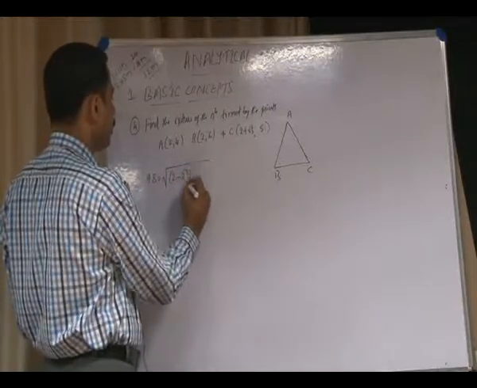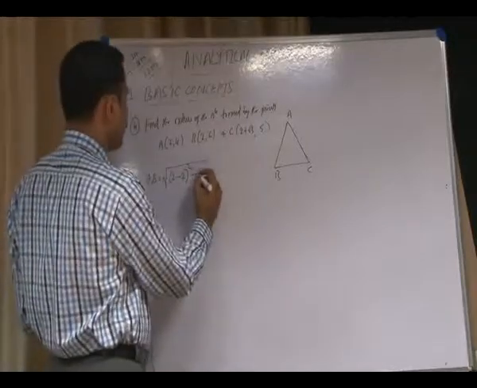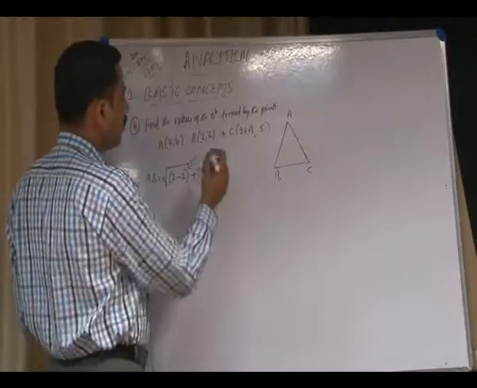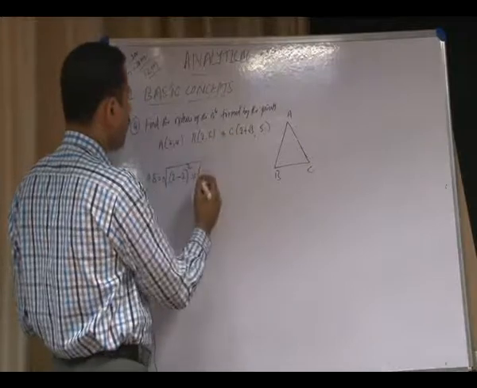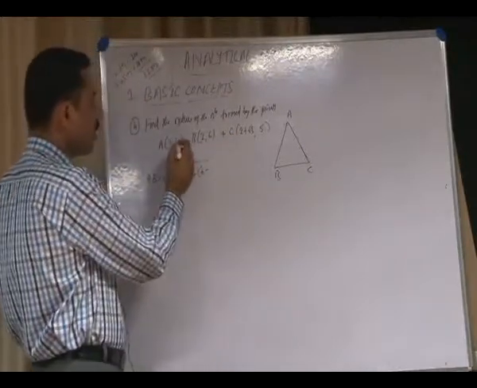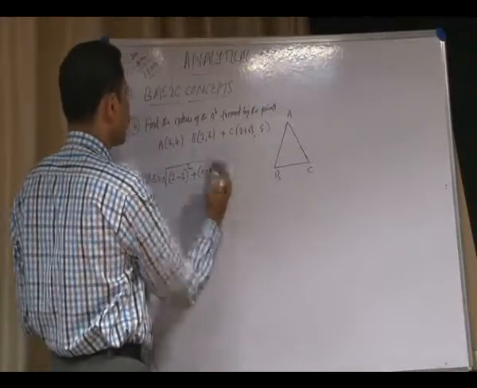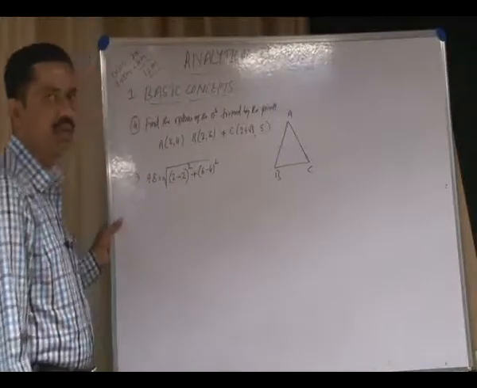So 2 minus 2 whole square, plus y2 minus y1, y2 is the y coordinate of second point B, that is 6, minus y1, the y coordinate of first point A, that is 4. So 6 minus 4 whole square.